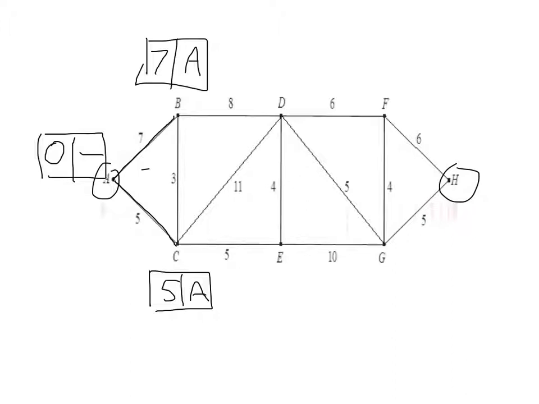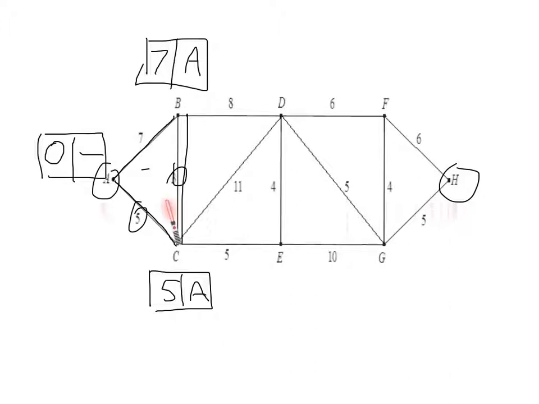Now from C, I can go back up here, but 5 and 3 are going to make 8, which is not better than this one here. So I'm not going to bother about that one, so I'll try another route.